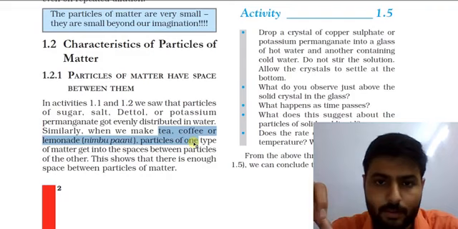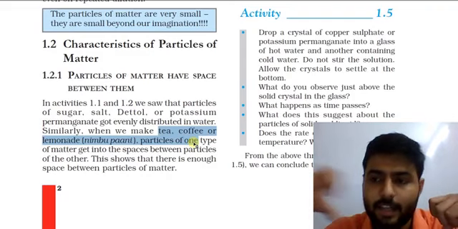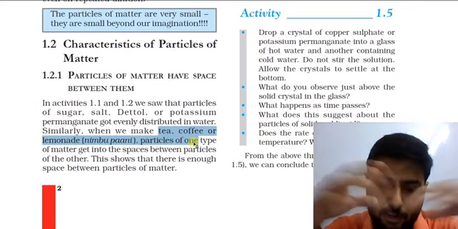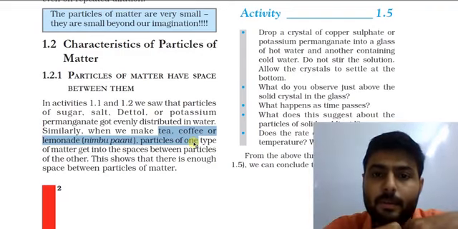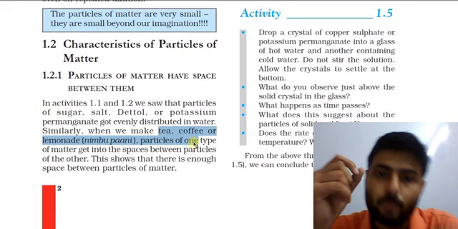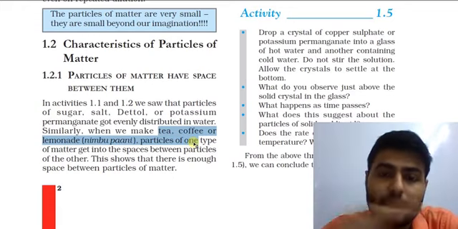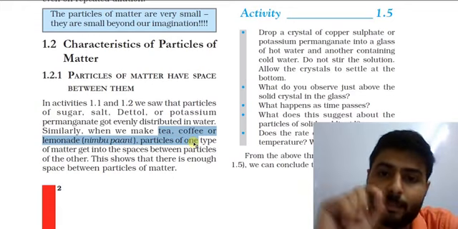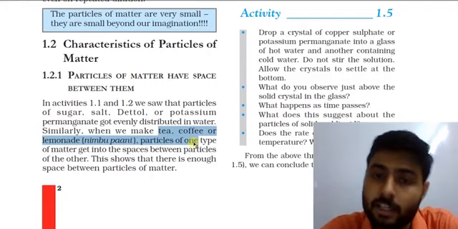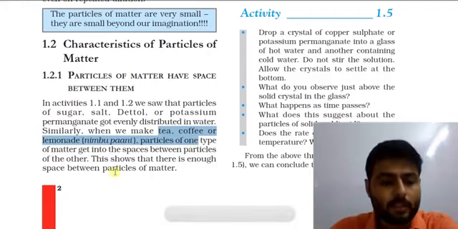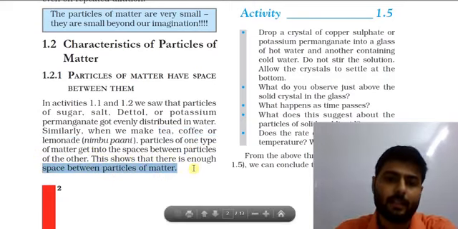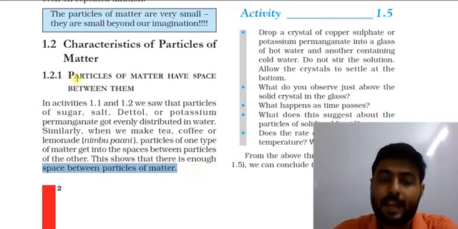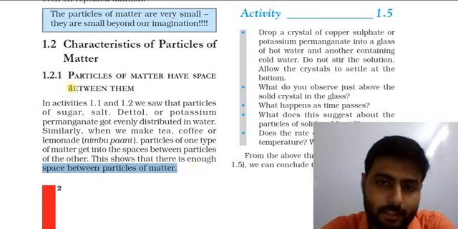If we have a sufficiently large bench and two students at each corner, we can have space between them, so one more student can sit between these two students. So we can say that there is space between these two particles if one particle arranges between the other two particles. This shows that there is enough space between particles of matter.